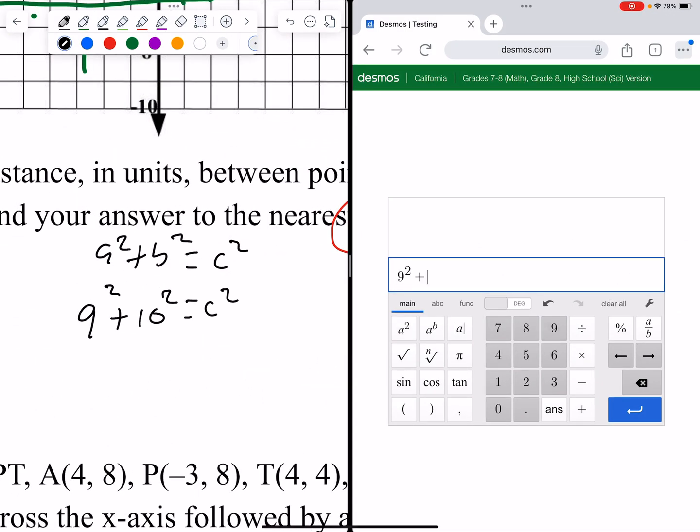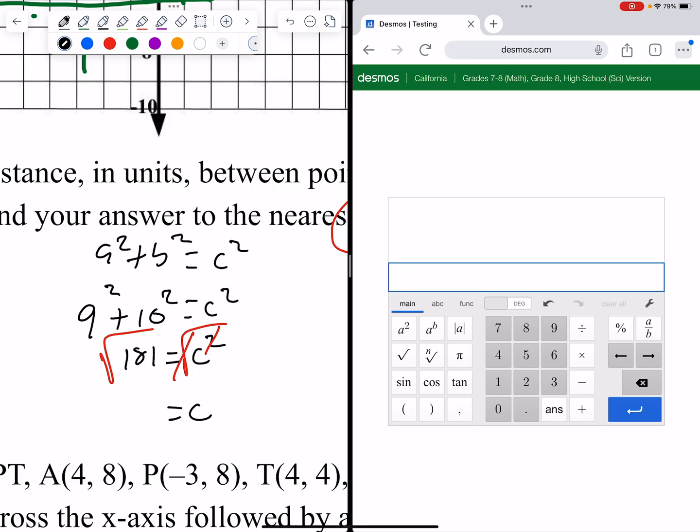Nine squared plus 10 squared is 181 equals c squared. Take the square root of both sides so I get c by itself. And then I take the square root of 181, not 11, 181, and I get roughly 13.45362. Again, that's just my habit.